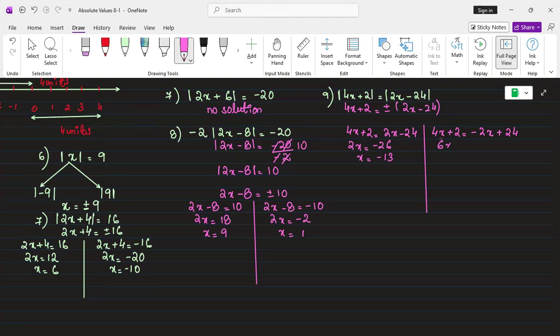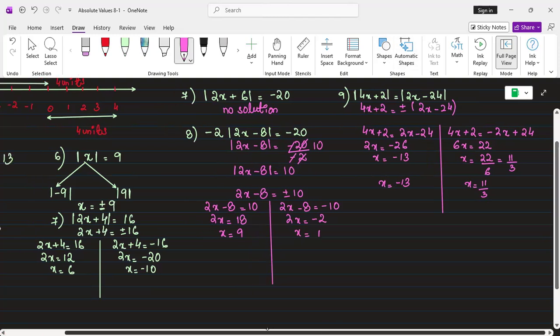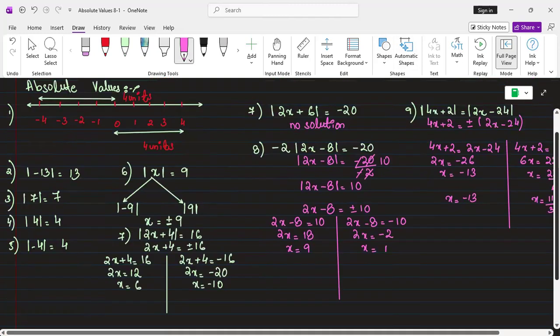Bring 6x here and take this there: that's going to be 22 and x is equal to 11 over 3. So these are the two values of x and that's it. We will simplify it for both equations and whatever is your answer, we will simply write it down. That was example number 9, right?